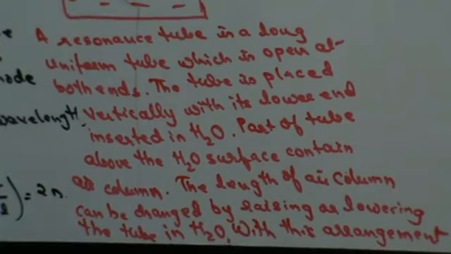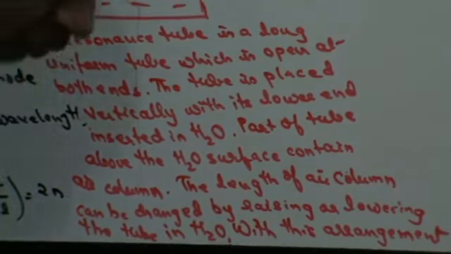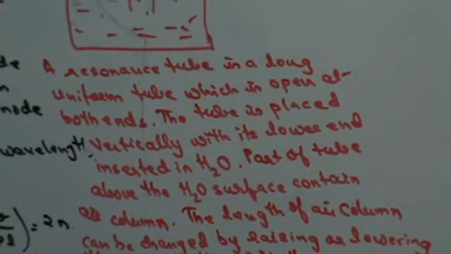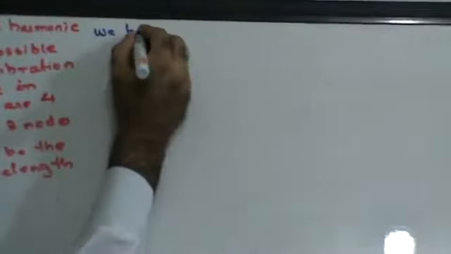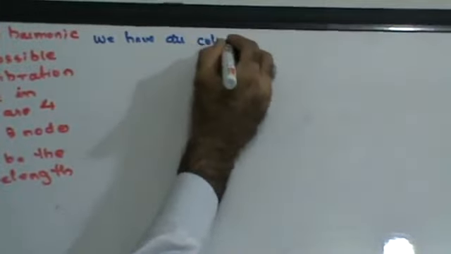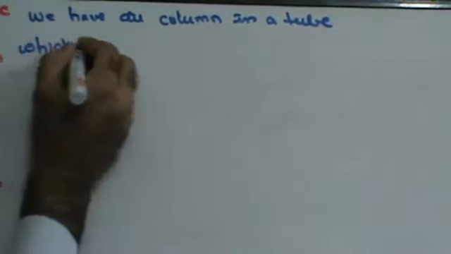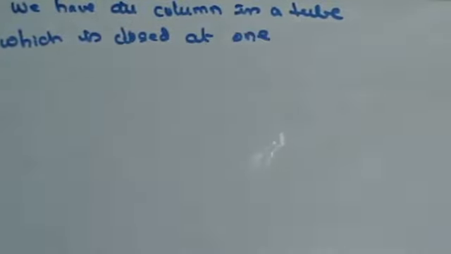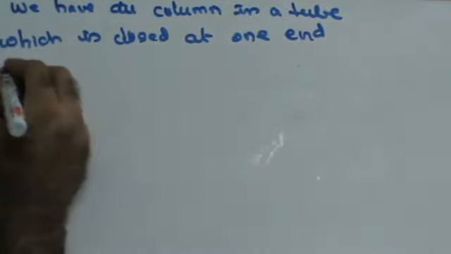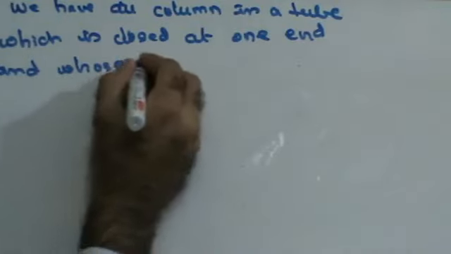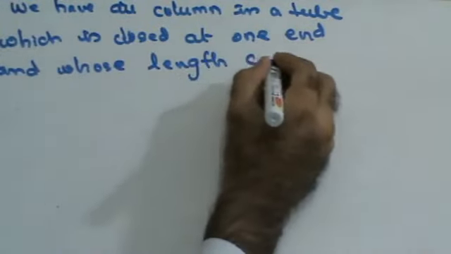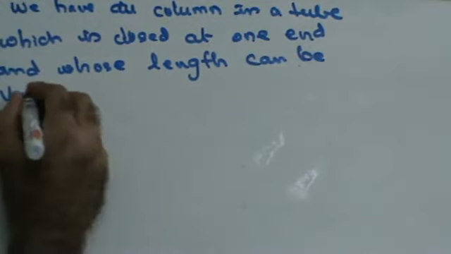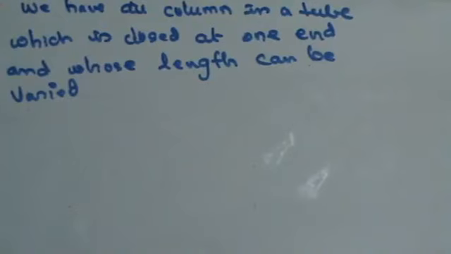This particular arrangement gives me an air column in a tube which is closed at one end and whose length can be varied. That's my advantage of the resonance tube.